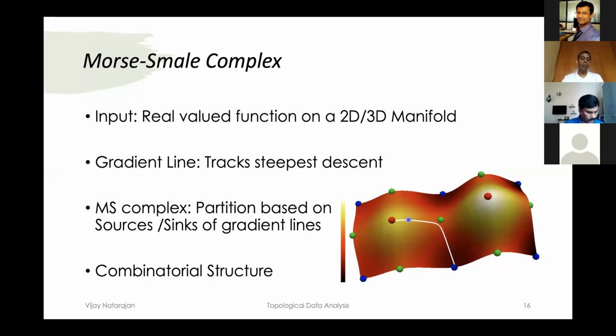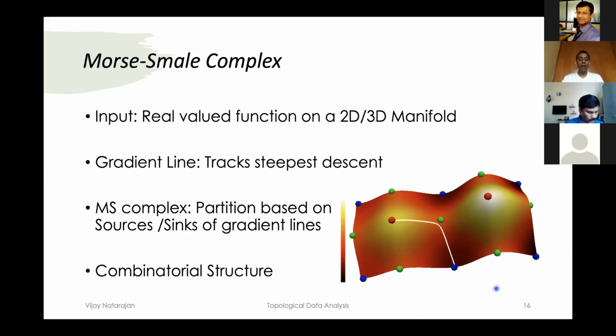And if you keep going up, increasing gradient, you will terminate at a maximum. So you can imagine drawing such lines in the entire domain, right? So the origin and destination of these gradient lines have to be critical points, right? Because these are essentially the points where the gradient is 0.